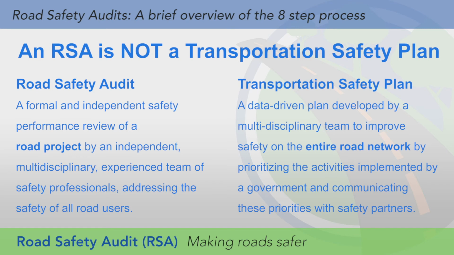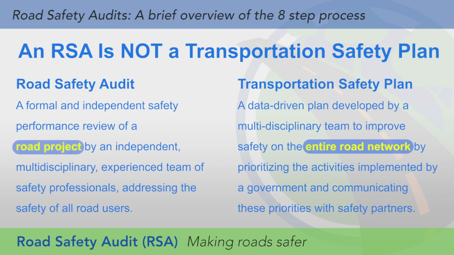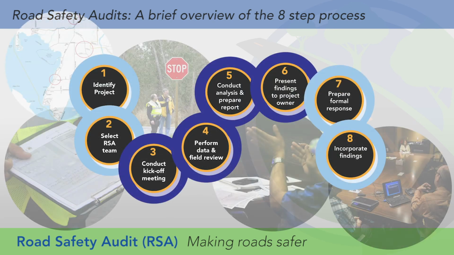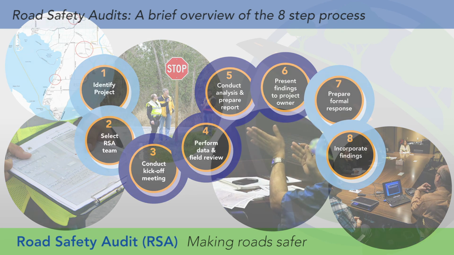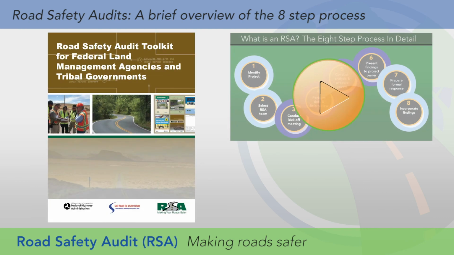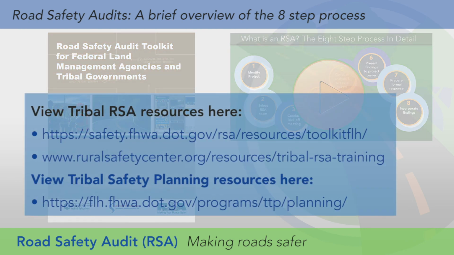A transportation safety plan is not focused on one specific roadway or one specific road project, but is looking at a whole road network and what kind of factors are involved in the safety picture for that larger network. Whereas the road safety audit that we'll be talking about is a lot more focused on safety performance at one specific location. For more details about the 8-step process, please refer to the RSA Toolkit and additional videos in this series.